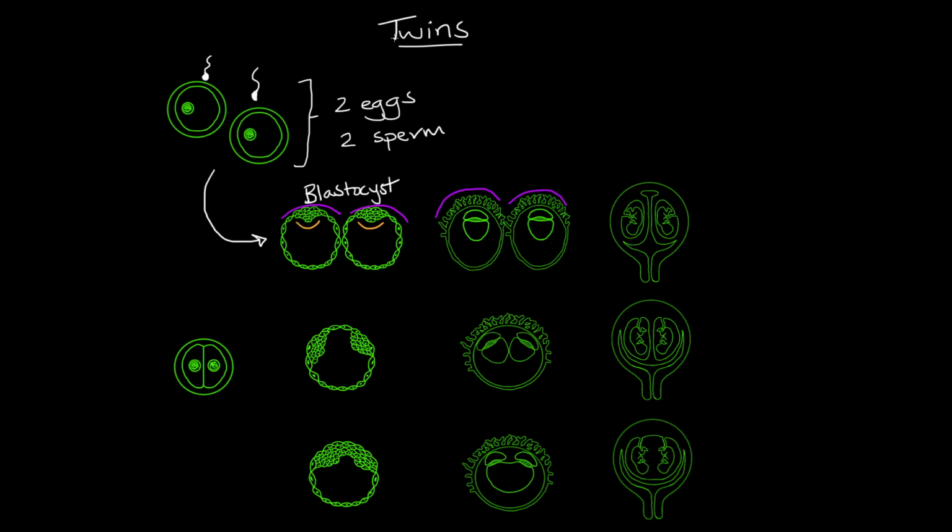This is when it starts developing a little further. I haven't shown any of these images before. Each baby gets its own amniotic sac, so that's drawn in here. And as it continues to develop, each baby has its own placenta and its own amniotic sac.